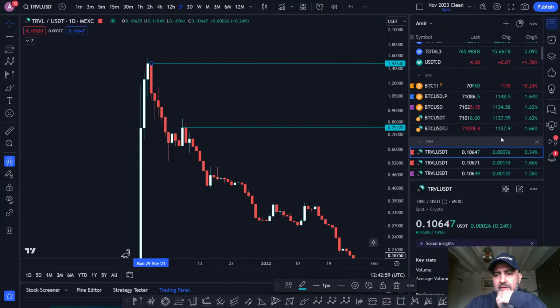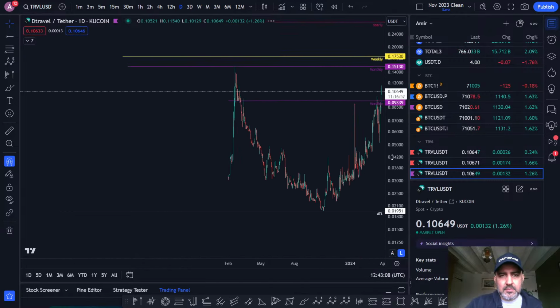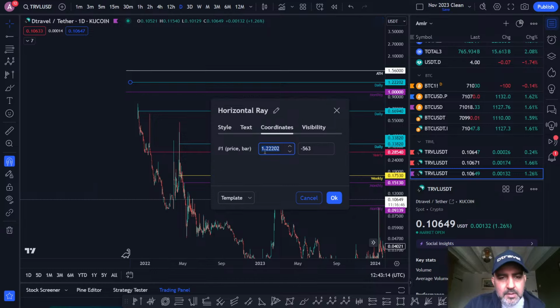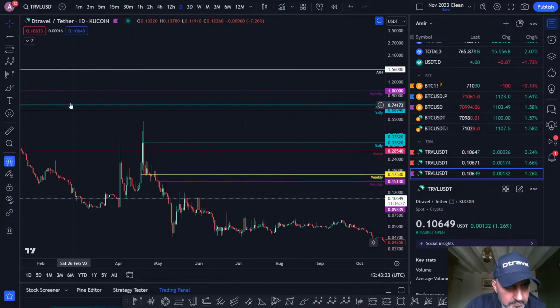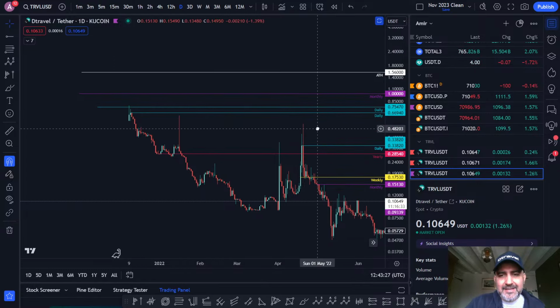I'll note that first because I won't remember it. 7547, and on KuCoin it's been cleared, but on MEXC it hasn't.